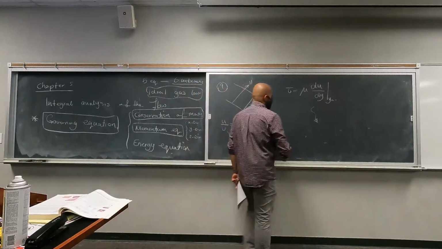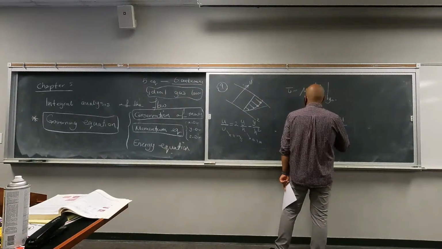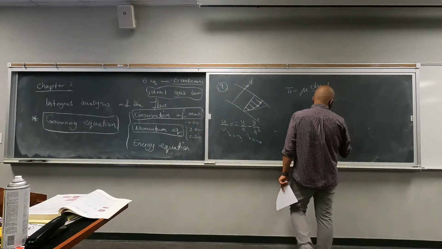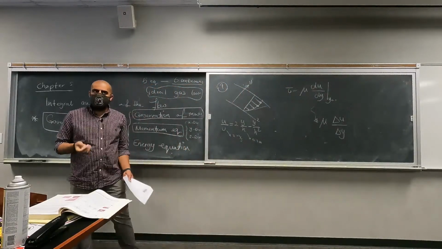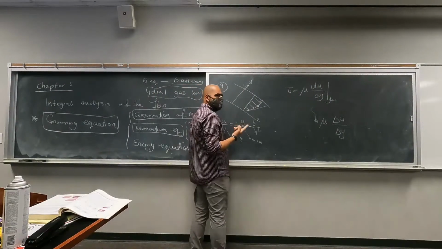And then said tau is equal to delta u, which is capital U minus 0, divided by delta y, which is h, right? The reason we can't do this here is because the velocity distribution is nonlinear, right?